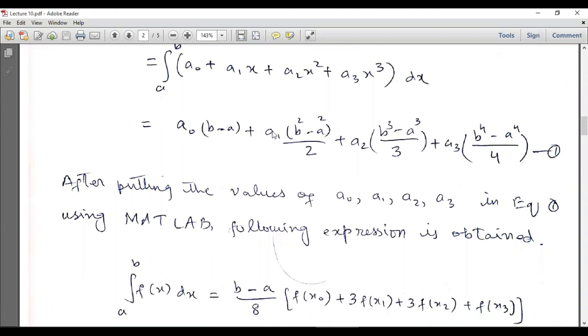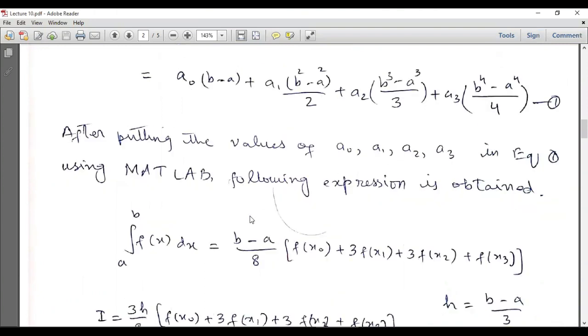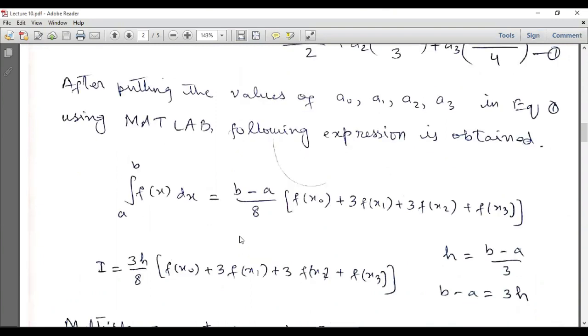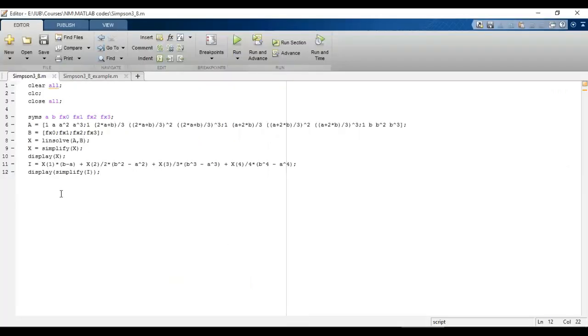In this expression, these four unknowns can be substituted, and finally we will have this expression of the integration. This will be equal to (b minus a) divided by 8, times f of x0 plus 3 f of x1 plus 3 f of x2 plus f of x3. This whole derivation is extremely difficult if we perform it by hand, but by using MATLAB, it can be done in just a matter of seconds.